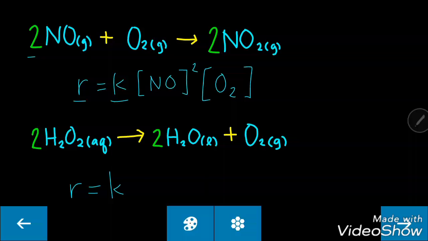For the second example, we have 2H2O2 that will result in 2H2O plus O2. We have a rate, we have our specific rate constant, so we will get H2O2 raised to 2. We got it from there.